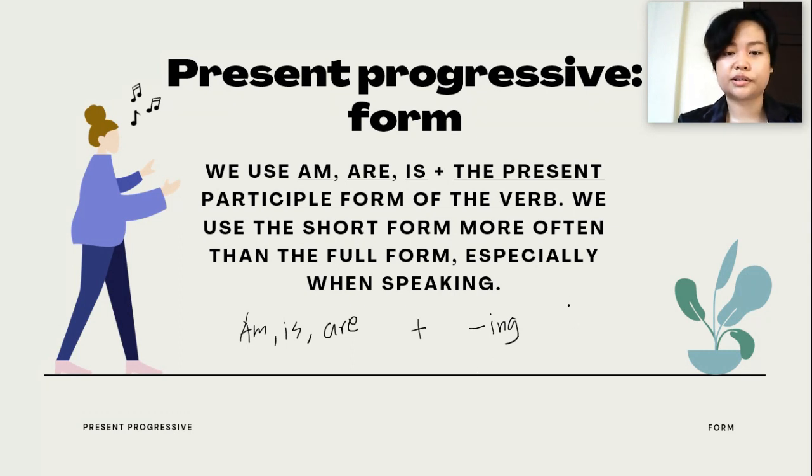It means that the short form is like this: I am, I'm, he is, he's. Alright? Talking about to be, don't forget am is used for subject I. Is, she, he, it. And for are is the rest of it. So you, we, and they.